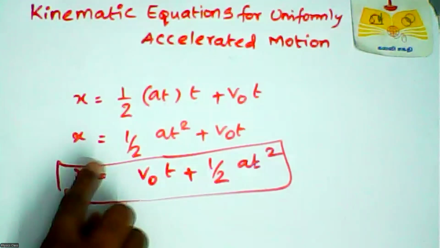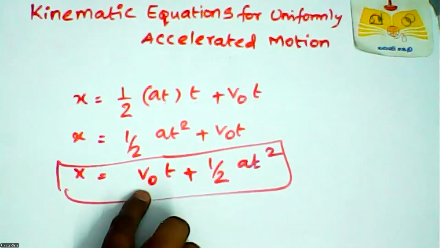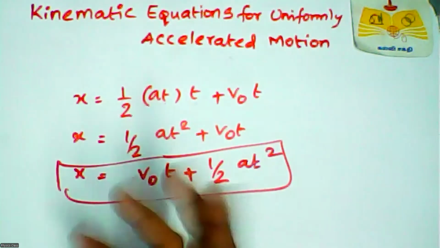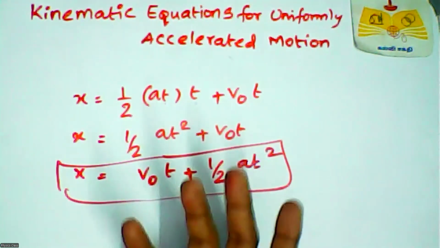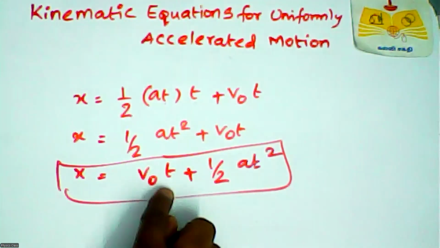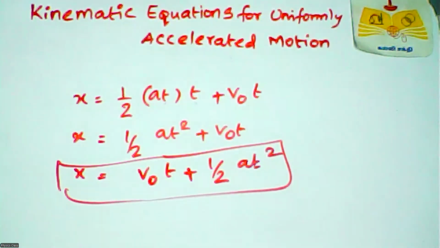We have to find displacement in this type of case, uniform accelerated motion, like this: v naught into t plus half at square. If we have the values of velocity, time, and acceleration, we can put them here and then find the displacement. So this is the second kinematic equation.